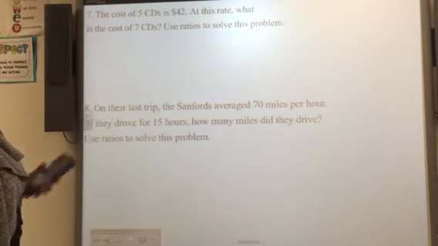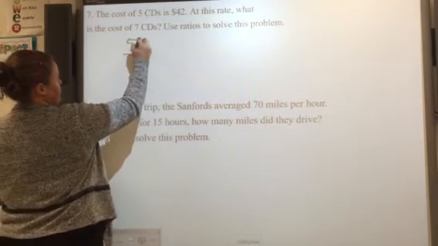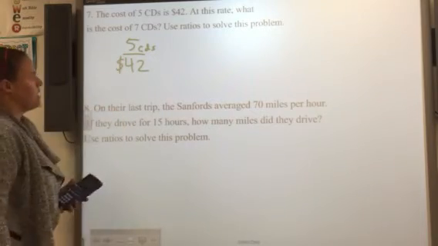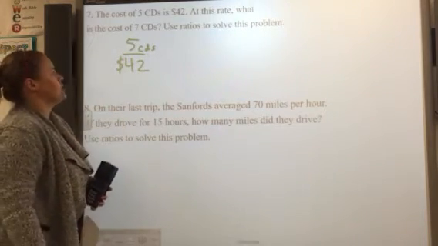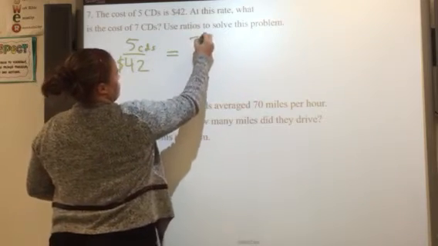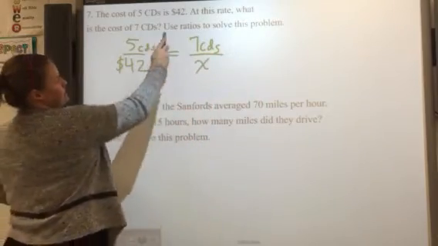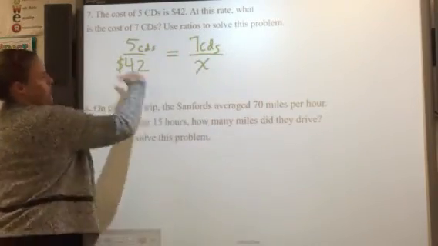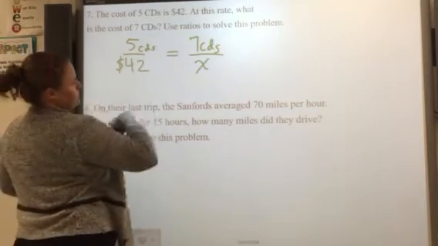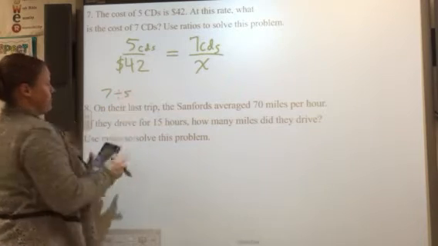Number 7, the cost of 5 CDs is $42. So 5 CDs is $42. At this rate, what is the cost of 7 CDs? So I'm going to put 7 CDs over here and my variable is here. And it says use ratios to solve this problem. So this is what I'm considering the algorithm of ratios. So 5 times 1 equals 7. So I'm going to do in my calculator 7 divided by 5.